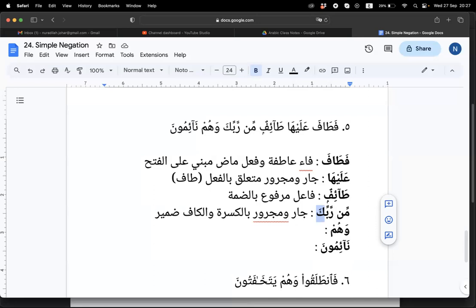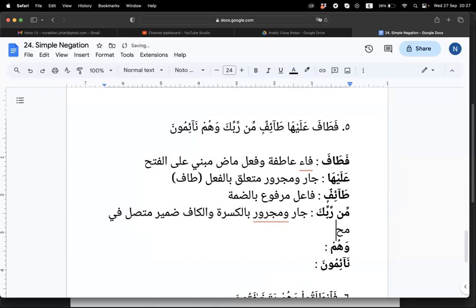It doesn't show that it's jar. So when the word is mabni, you have to mention what kind of word it is first. So the kaf is domir muttasil, fi mahali jar. When you say fi mahali, you say rafa nasab jar, not damma fathah kasrah. In the place of jar status, and then y is the mudaf ilayh.